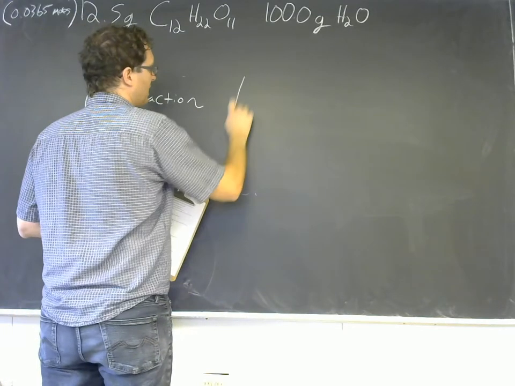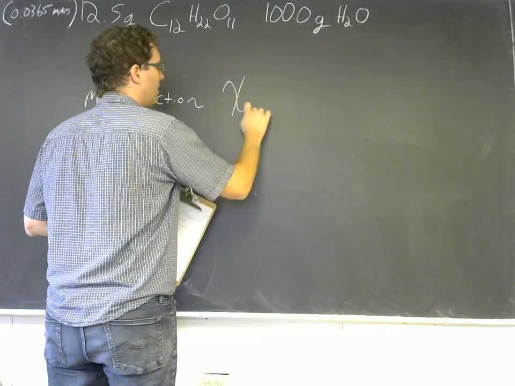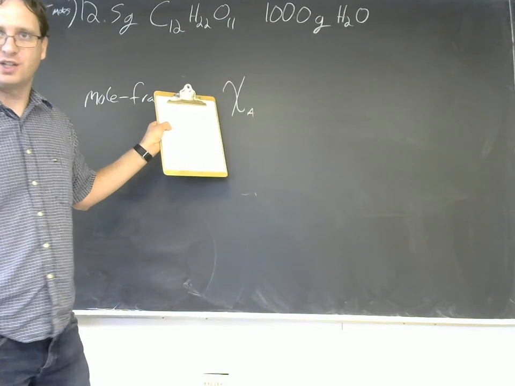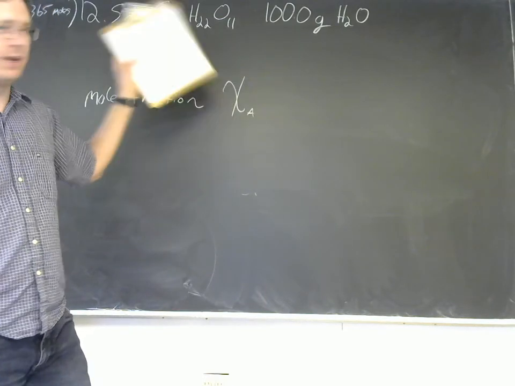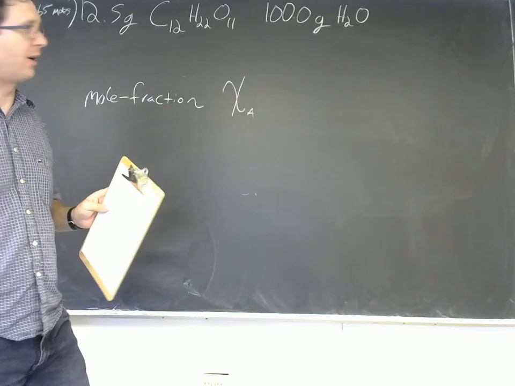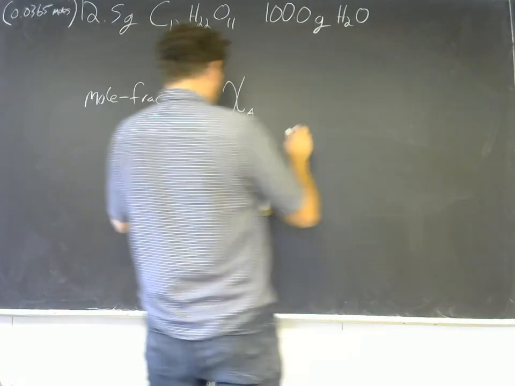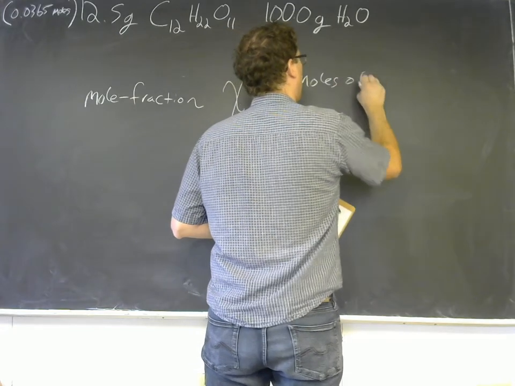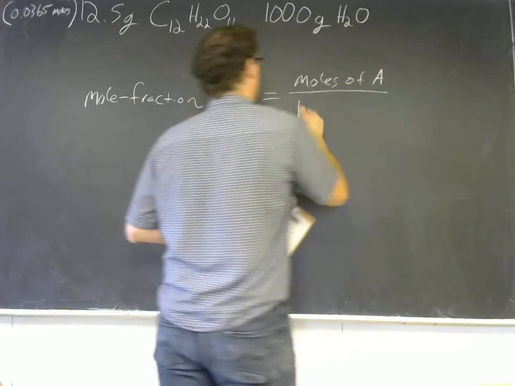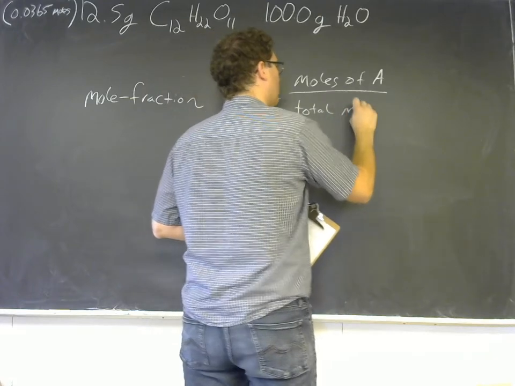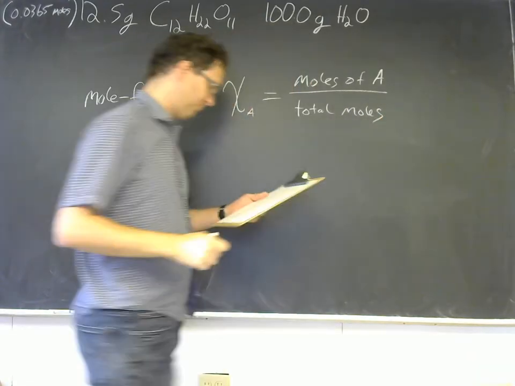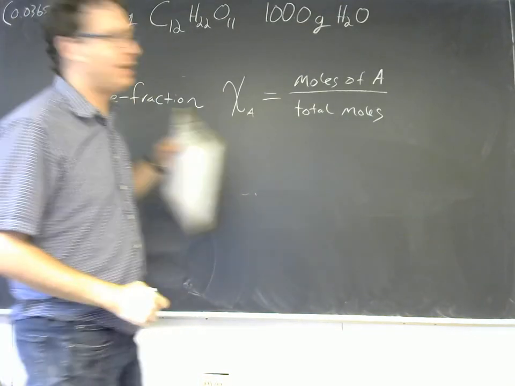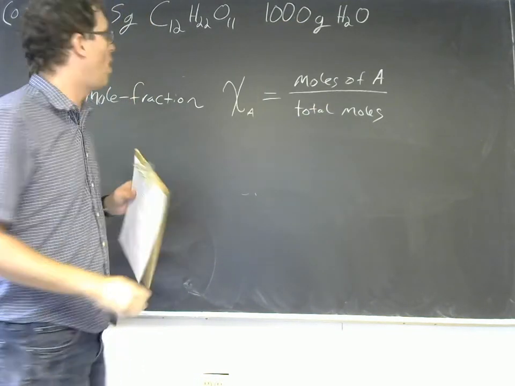It's represented by this Greek letter chi, which I like to say looks like a pretentious capital X. That's going to equal moles of A over the total moles. Here we have our moles of A, but we're going to need to figure out how many moles of water there are.